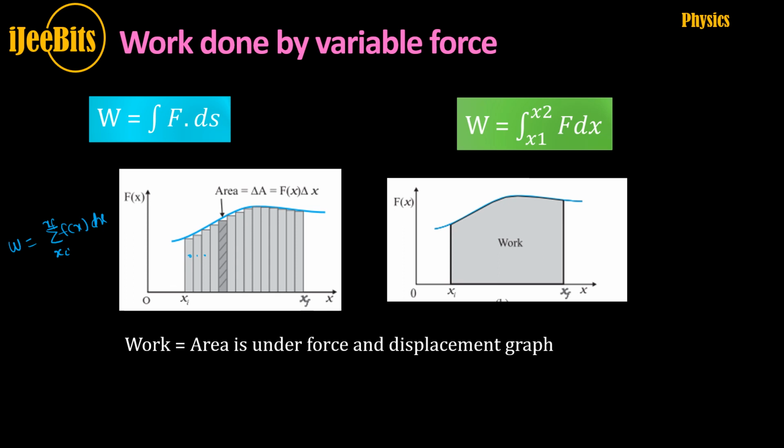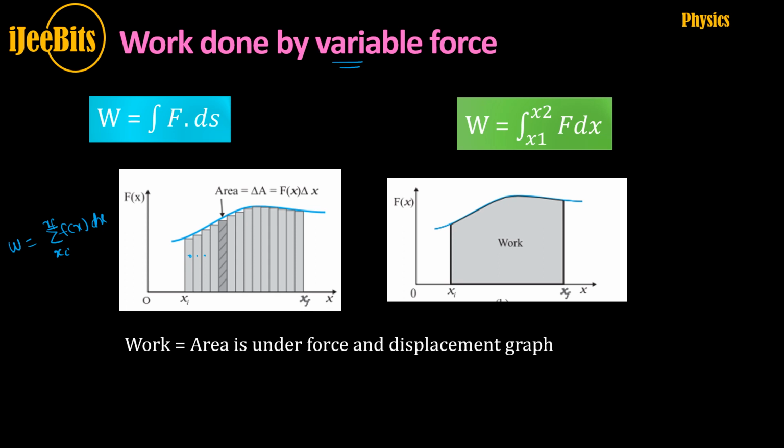You can rewrite this as the integration of F dot ds, which would be your work done in case of variable force. You apply the limits, the max limit and min limit: integration of F dx from x1 to x2. So mathematically, you know the formula.